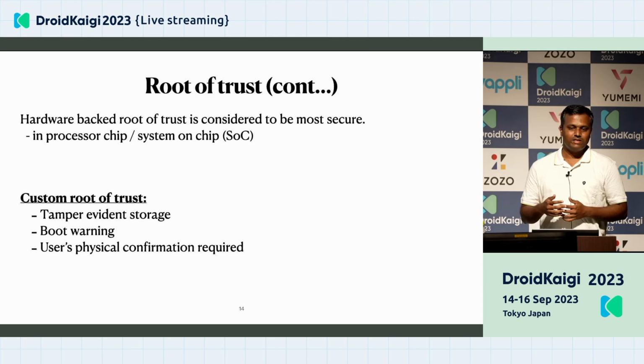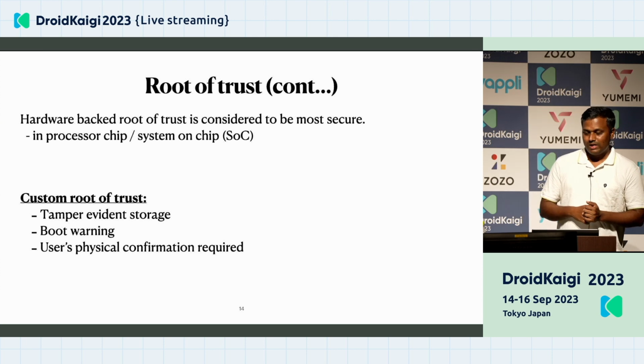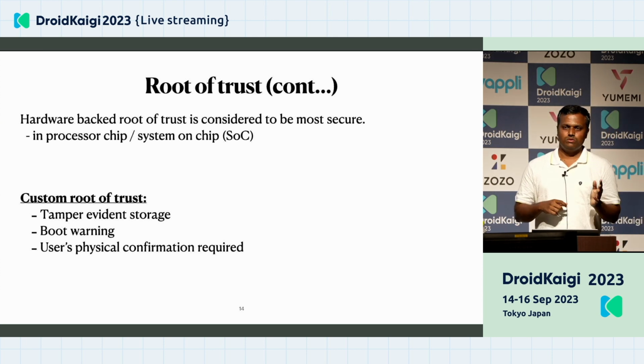You can definitely write to it, but the write should be detected. That means you can write it, but by using a hashing mechanism, it should be detected whether it has been modified or not. And definitely a warning should be provided to the user, so that the user knows that this particular device is being booted with a custom root of trust and not the one created by the manufacturer.